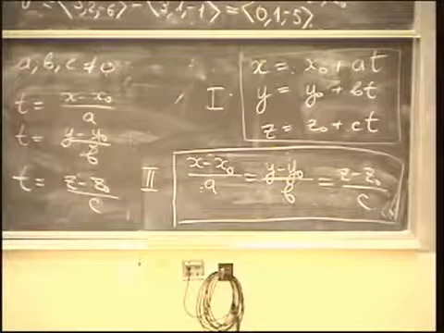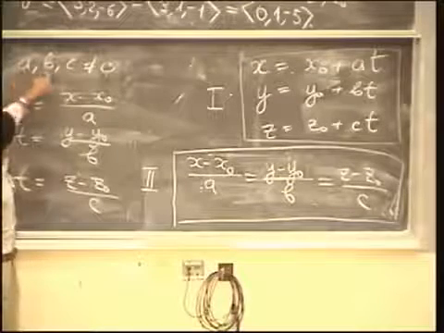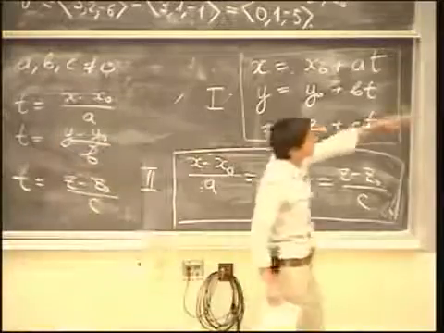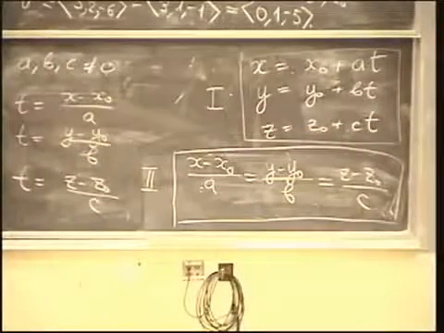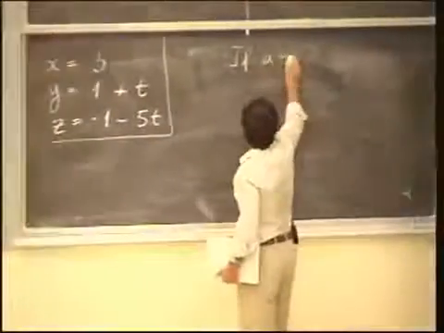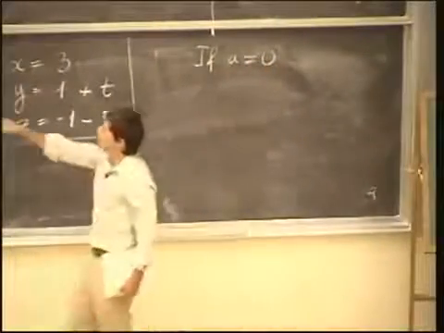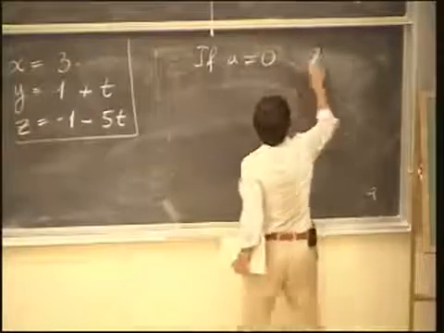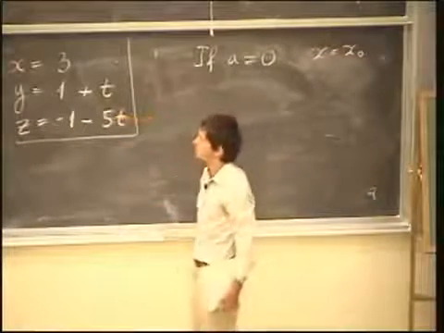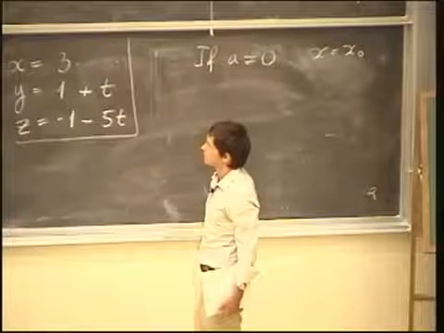I would like to explain what happens if one of these numbers, A, B, C, is actually equal to 0, which is the case we have in this particular problem. So if A is equal to 0, then we have the equation x equals x0 instead of x equals x0 plus At. Right?